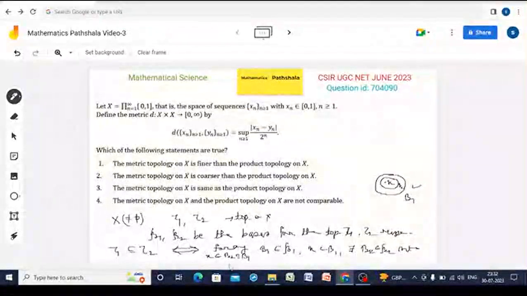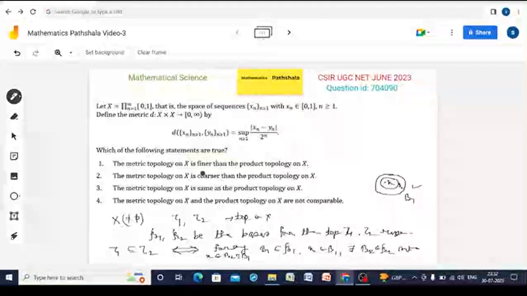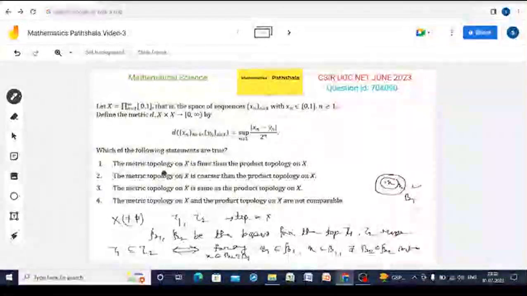So this will be an important result which will be used here to show that the product topology and the metric topology will be equal.